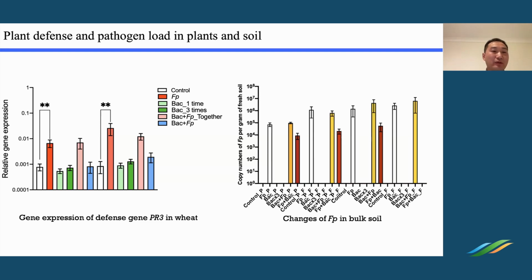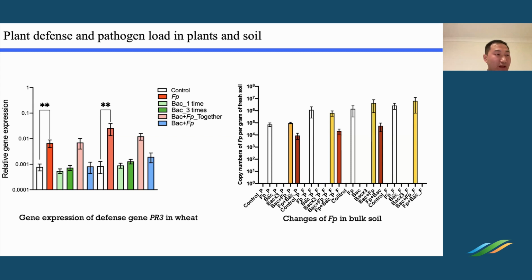Additionally, as shown in the right panel, we also quantified the pathogen load in the soil and the plant using qPCR analysis. Our initial results suggested a temporal pattern in the colonization of the pathogen in the plant. More definite conclusions will follow as we further analyze and validate these initial findings. Now I'm waiting for the amplicon and metagenomics data to further analyze these processes.